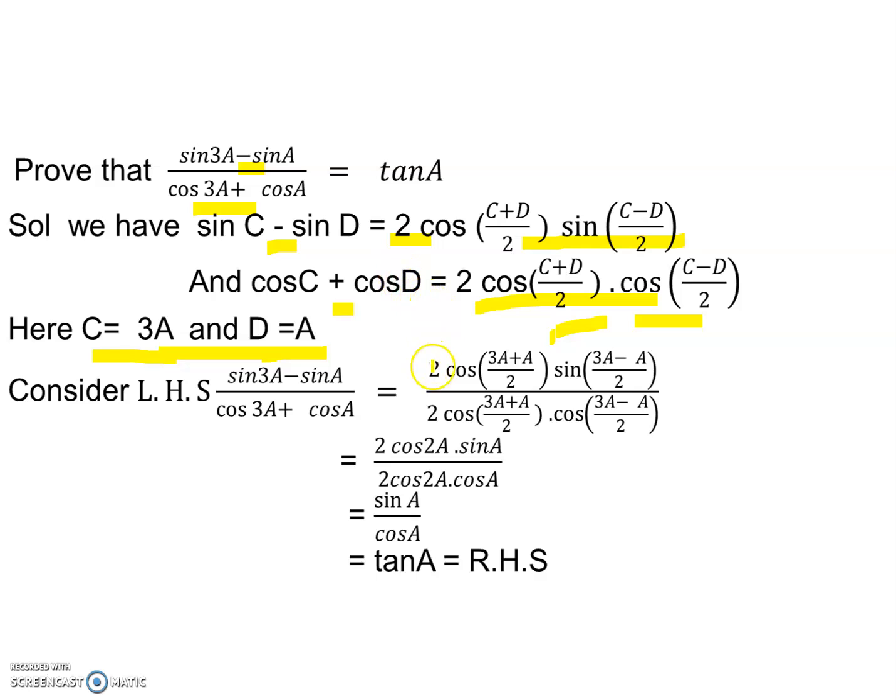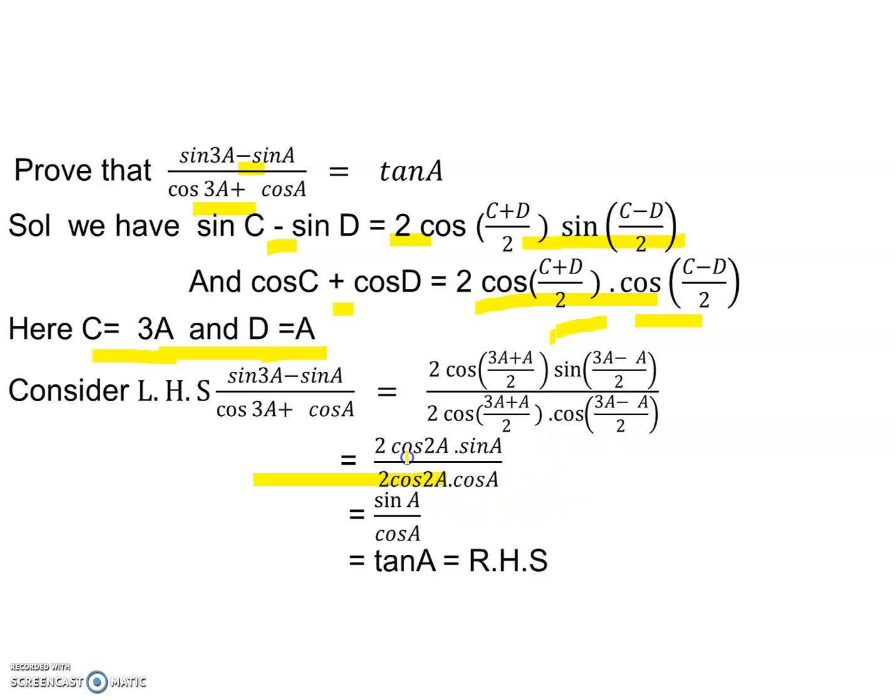So we get 2 cos((3A plus A) upon 2) into sin((3A minus A) upon 2), upon 2 cos((3A plus A) upon 2) into cos((3A minus A) upon 2). 3A plus A is 4A, 4A upon 2 is 2A, so 2 cos 2A. 3A minus A is 2A, 2 upon 2 is A, so sin A. Next, 2 cos of 4A divided by 2, that is 2A, and 3A minus A is 2A, so cos A.